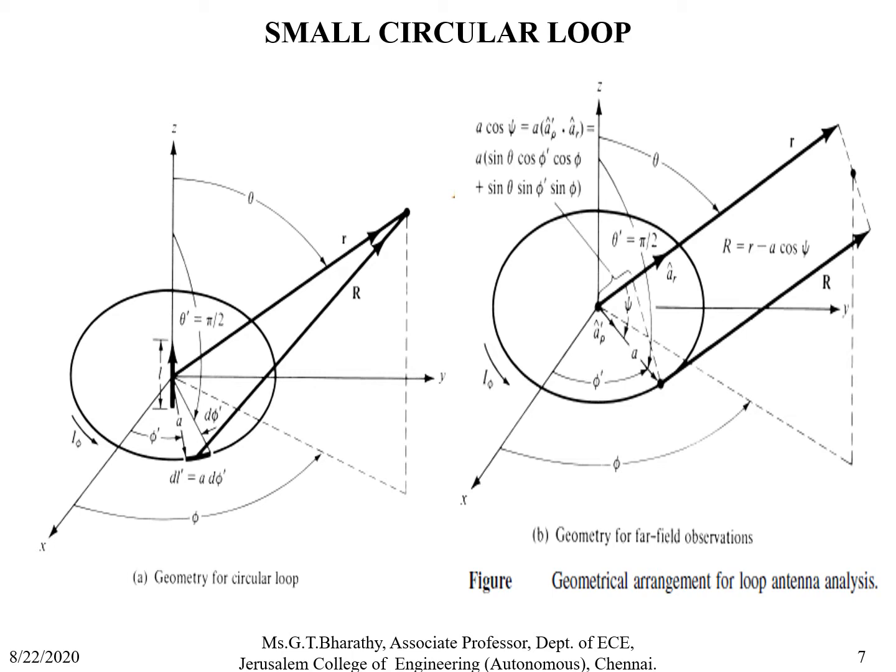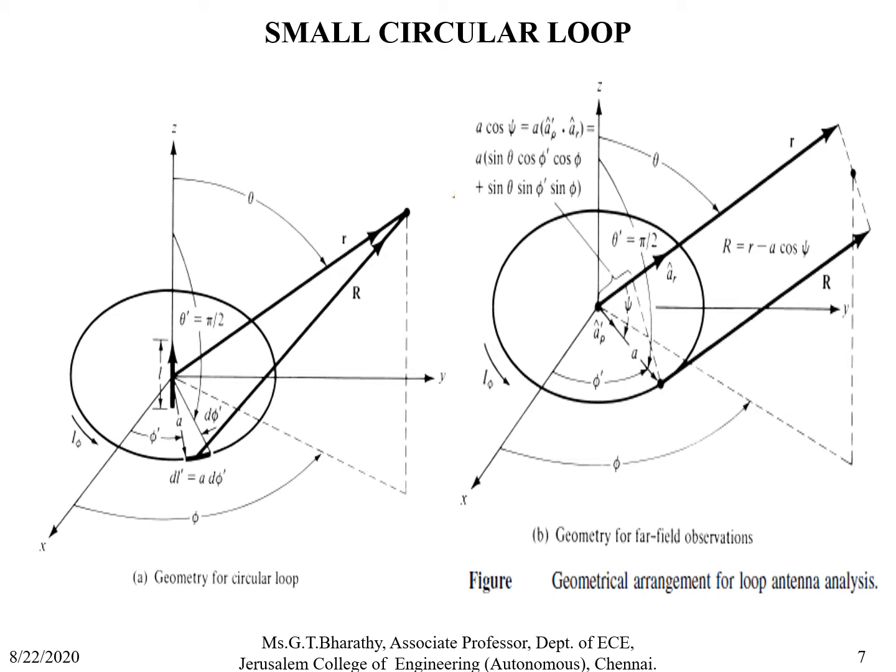We have two distances, small r and capital R, where small r is the distance of the observation point from the origin, and capital R is the distance of the observation point from the small infinitesimal portion of the circular loop that we have considered, represented by dl dash.